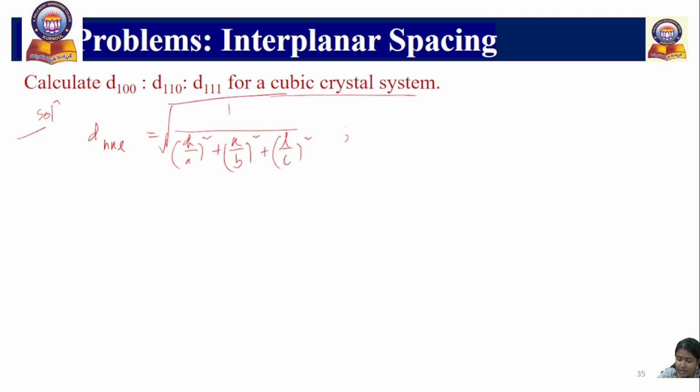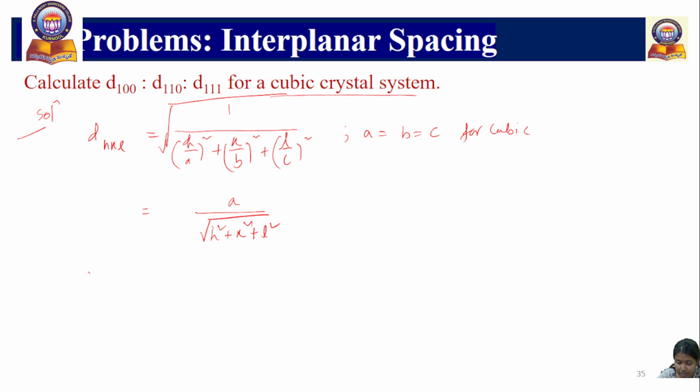Now, since this is a cubic system, a equals b equals c. In that case, what are we getting? d equals a by root of h square plus k square plus l square.